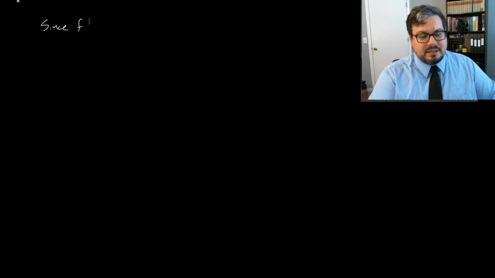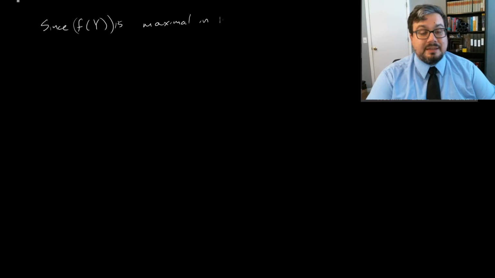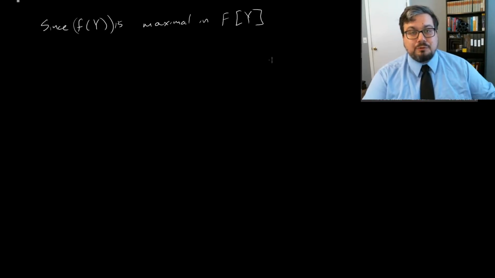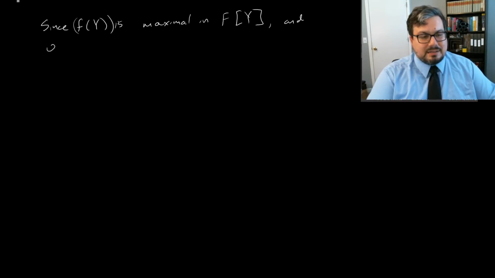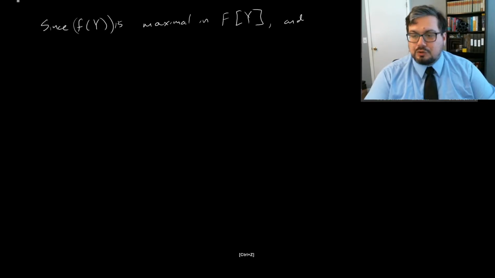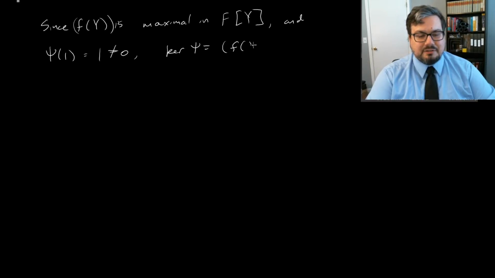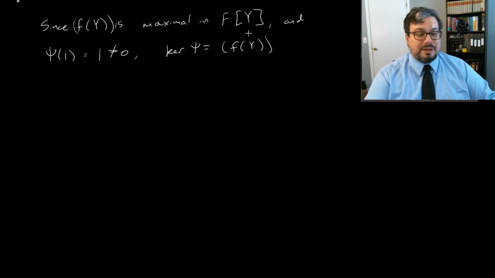Now, since the ideal generated by f of y is maximal in F adjoin y, we proved this for Theorem 156, I believe, and since psi of 1 equals 1, which is not equal to 0, we have that the kernel of psi has to equal the ideal generated by f of y, because it has to either be this ideal or the whole ring, and it's not the whole ring.